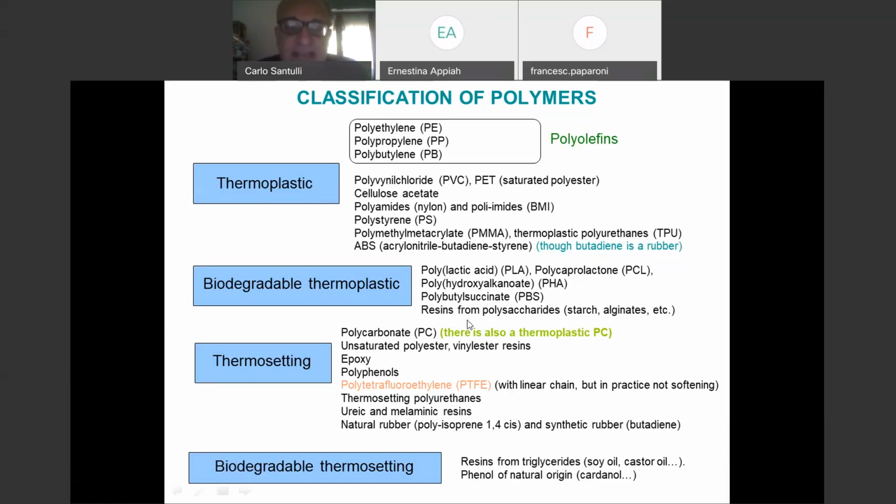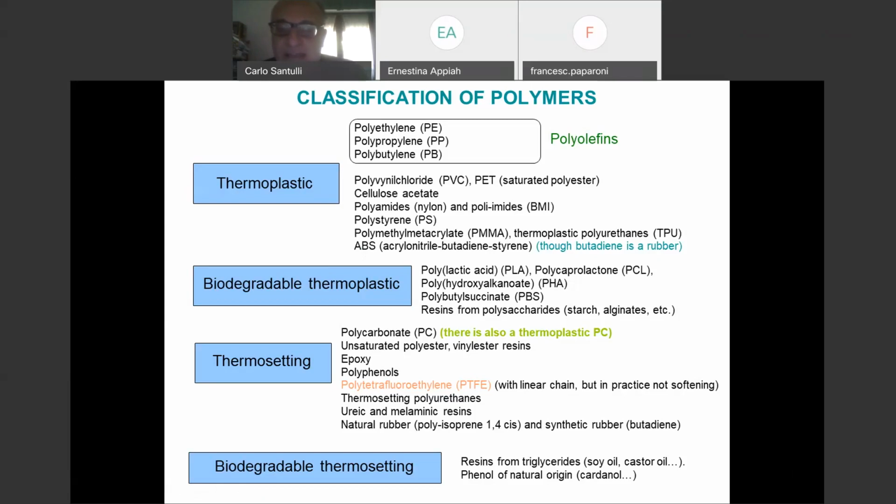And then there is ABS. ABS is very interesting. It's used a lot in design, in furniture, in a lot of electrical appliances as well. And it's made of three polymers: acrylonitrile, butadiene, and styrene.